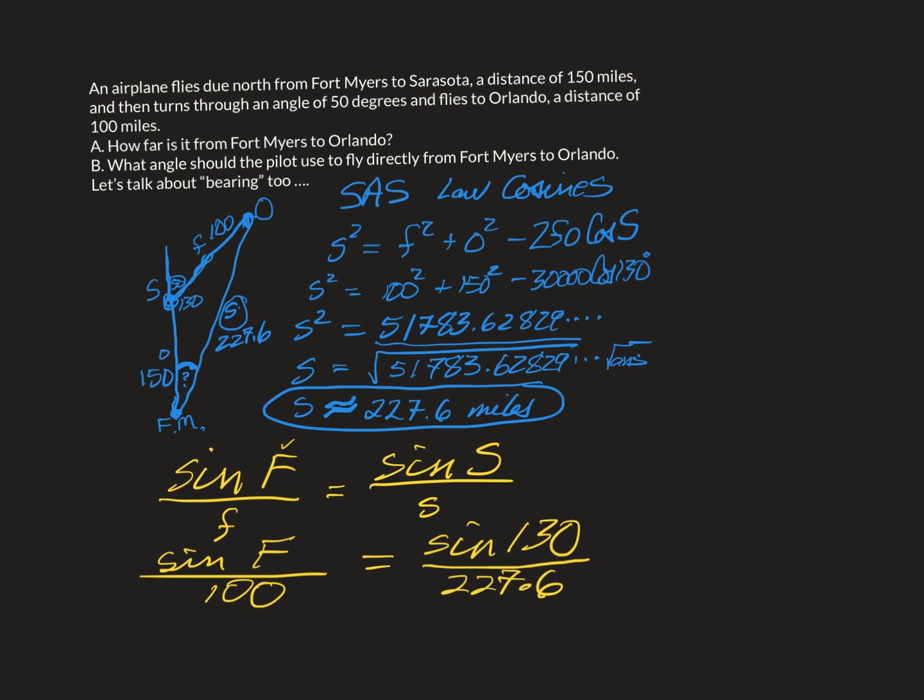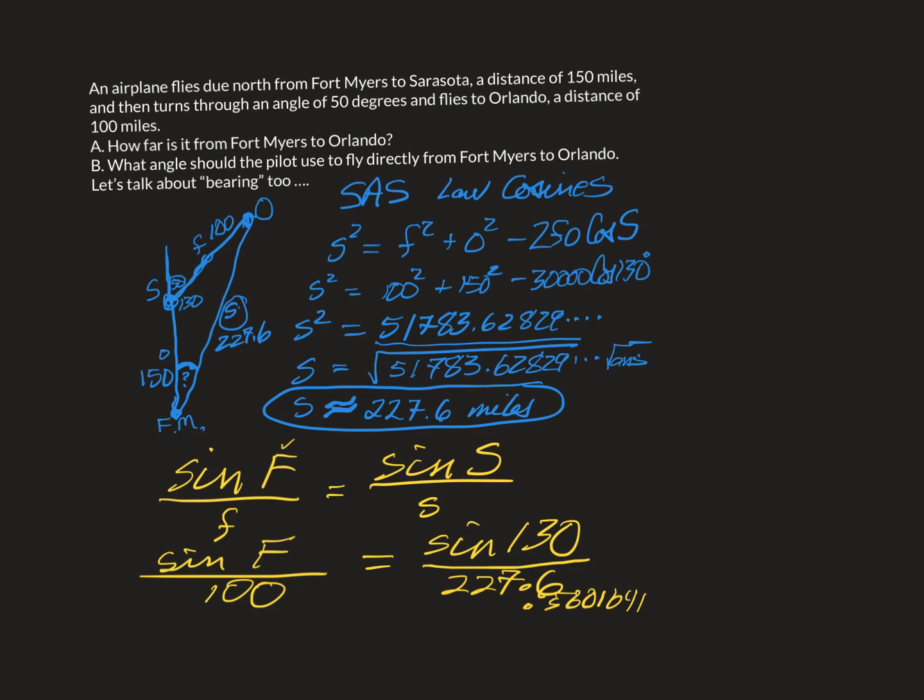Now again, on my calculator, I have 227.560161. So I can use answer for my last option, and it'll plug that in for the answer. As long as I don't do anything in between, I can use my previous answer. So what'll happen?